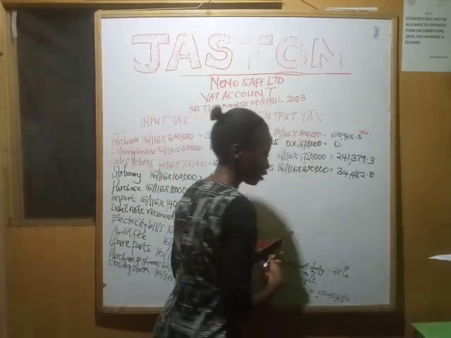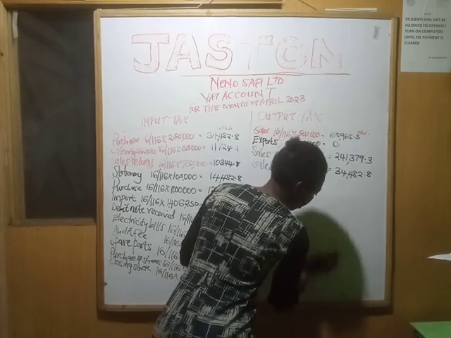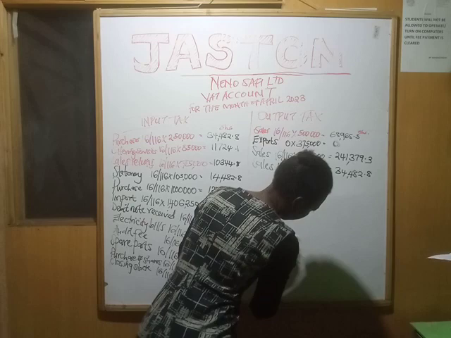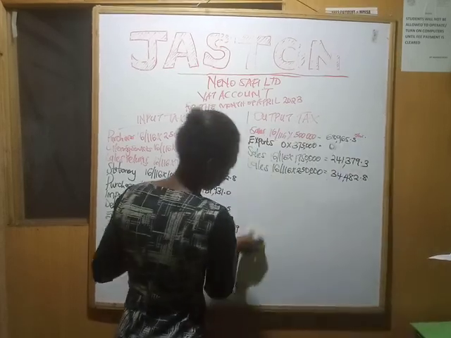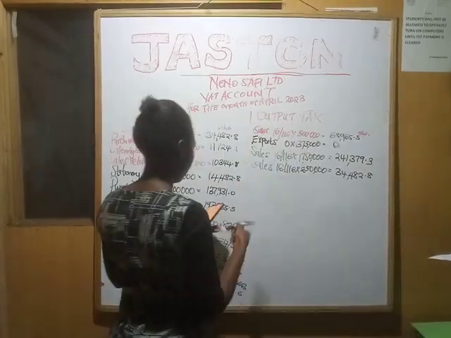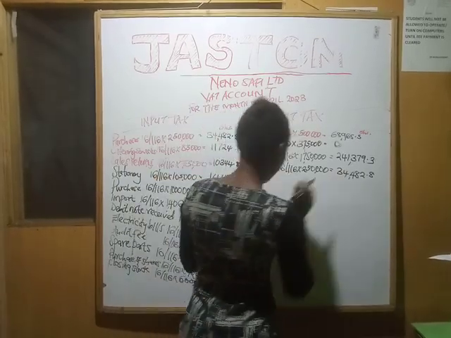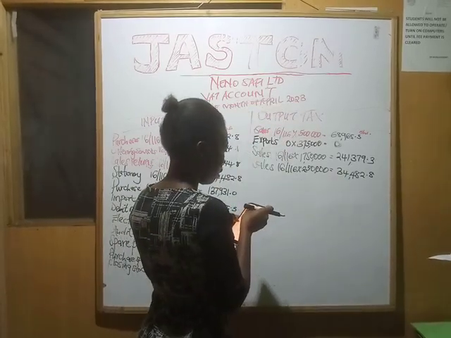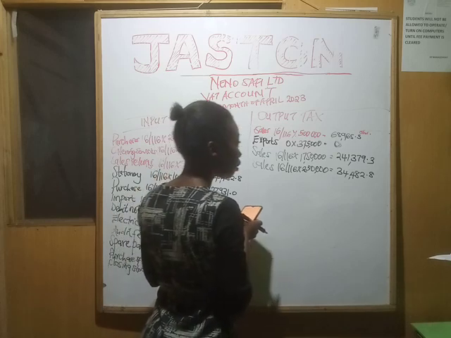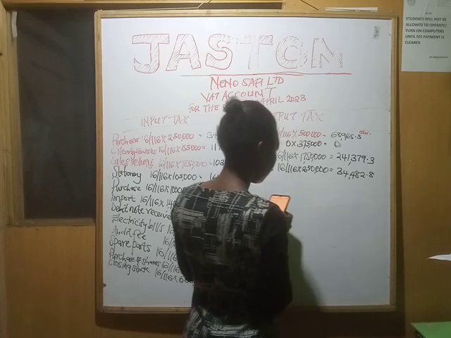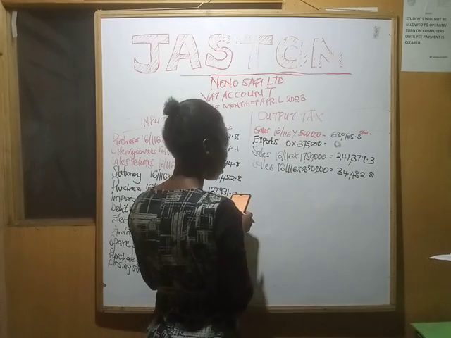Let's do the calculations. We take the sum of all the VAT output. Let's take the sum. We have 68,965.5, we add 241,379.3.